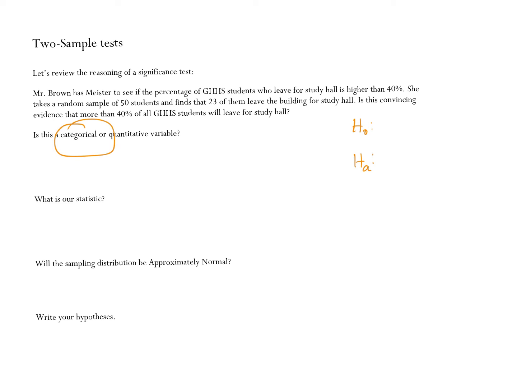And what kinds of statistics should we use here? P hat. What is our P hat? It is not 23. Right. It's 23 out of 50, which works out to be 0.46. All right. What's my null hypothesis going to be?